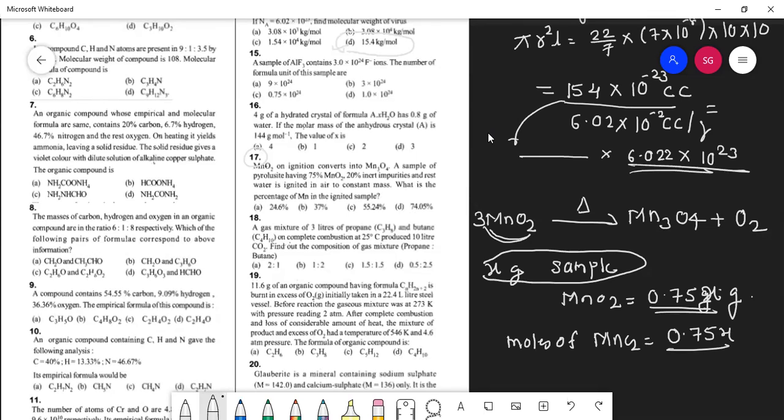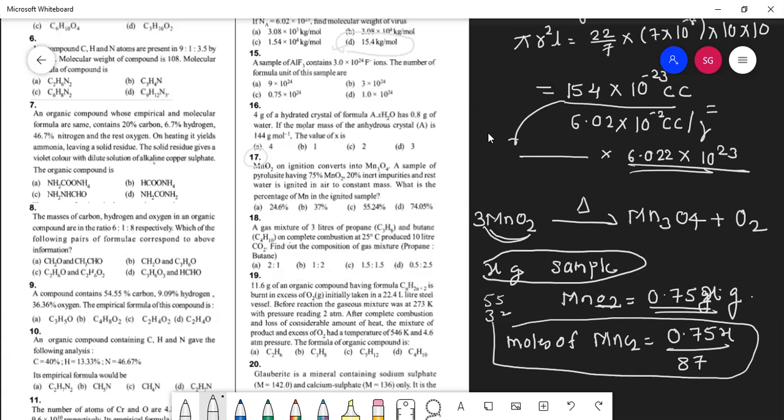Yes, manganese is 55, I guess. Manganese is 55 plus 32, so it comes out to be 87. So here you will get the moles. This is the moles of MnO2.